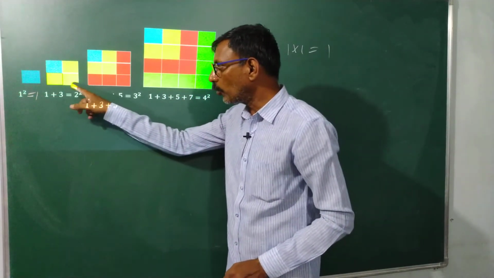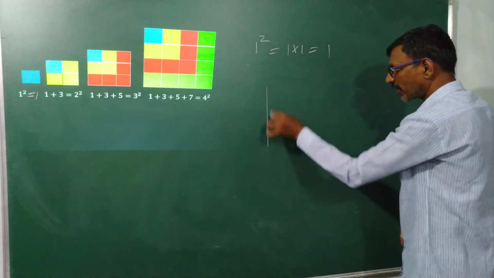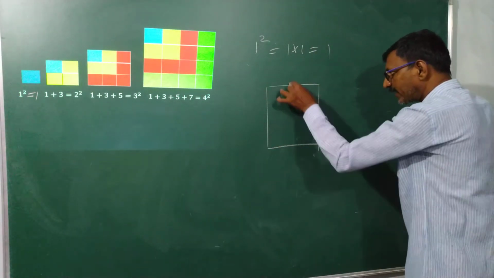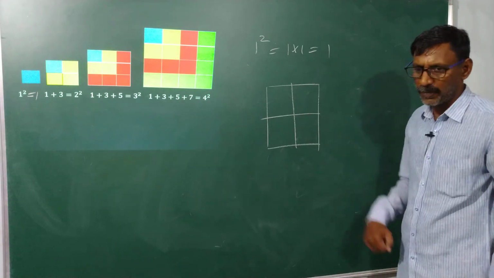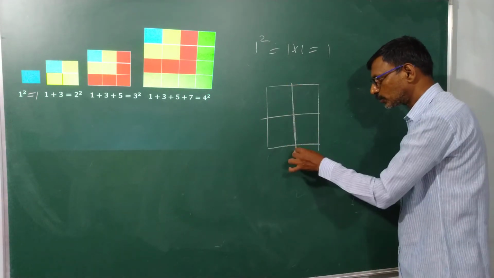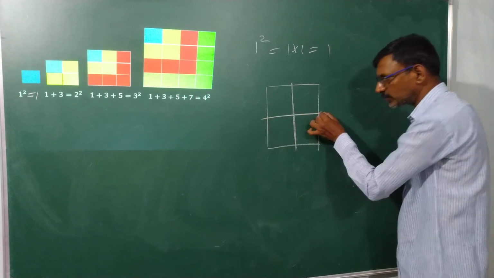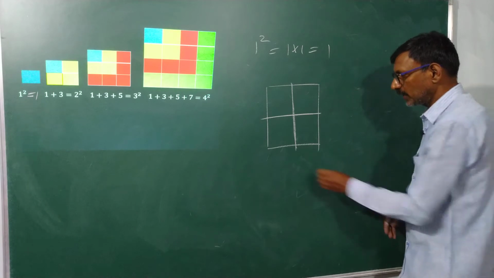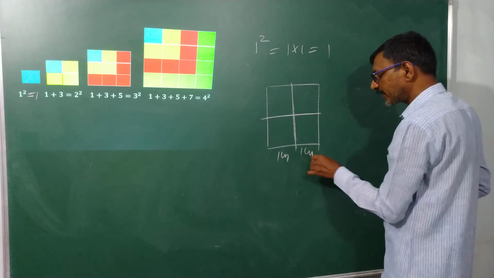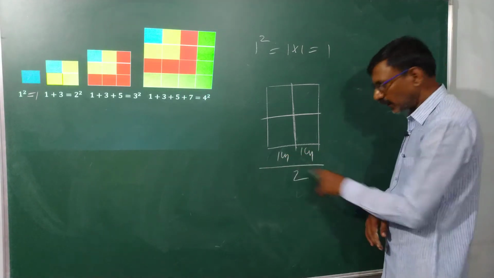Now coming to the 2 by 2 grid. A 2 by 2 grid is a square divided into 2 equal parts vertically and 2 equal parts horizontally. This is 1 centimeter and this is 1 centimeter, total this is 2 centimeters.